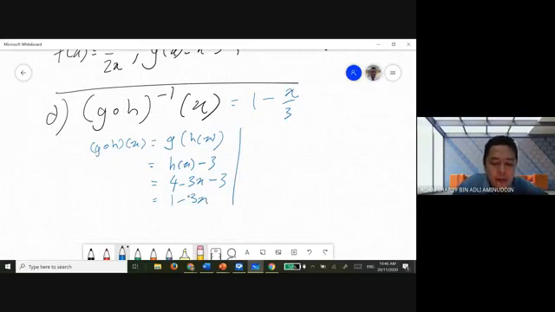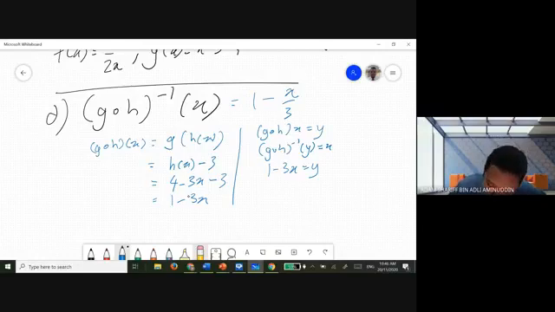Okay. GH(x) sama dengan y. So (GH) inverse y sama dengan x. Ni tak payah buat pun tak apa ya, tapi saja saya nak buat. 1 tolak 3x sama dengan y.